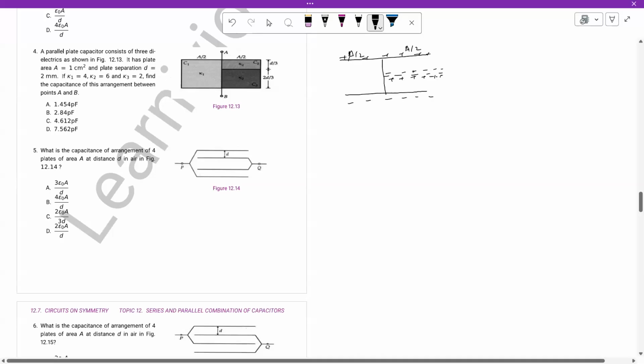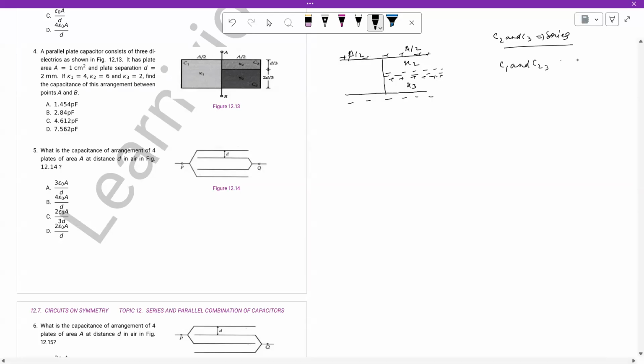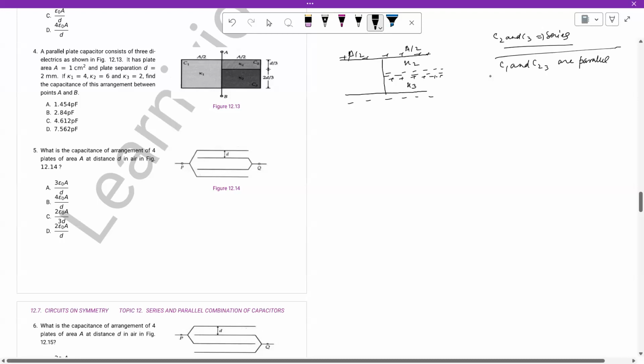So first we have to solve K2 and K3. So C2 and C3, they are in series, right? And then whatever this C23 is, C1 and C23 are in parallel, right?